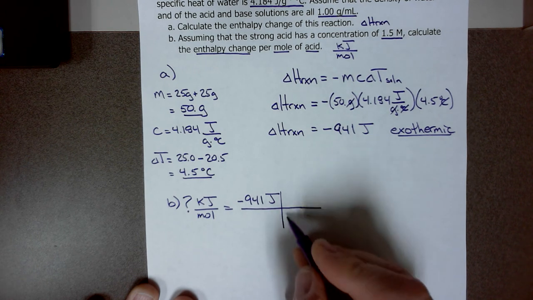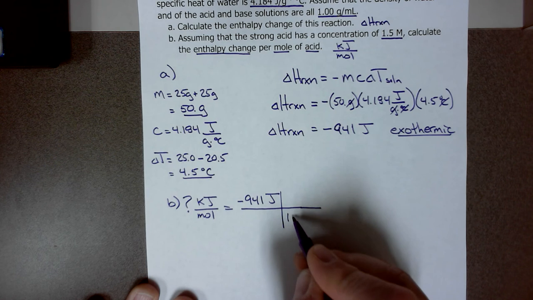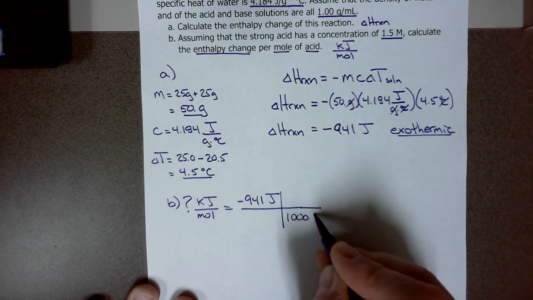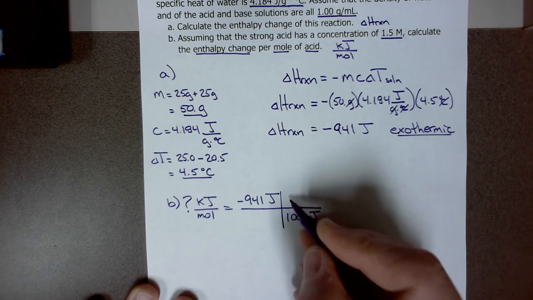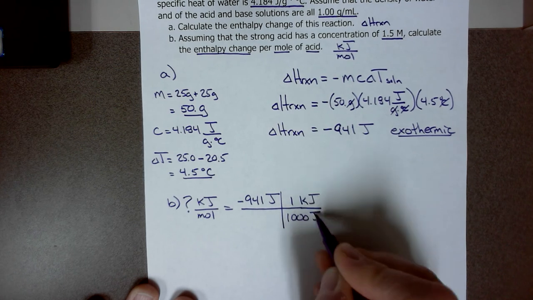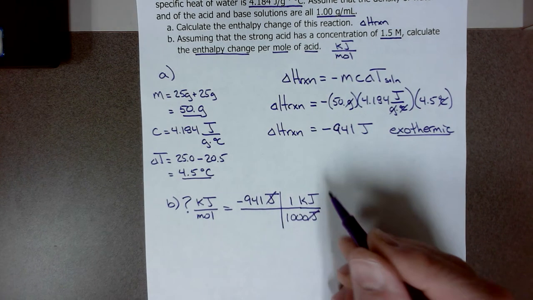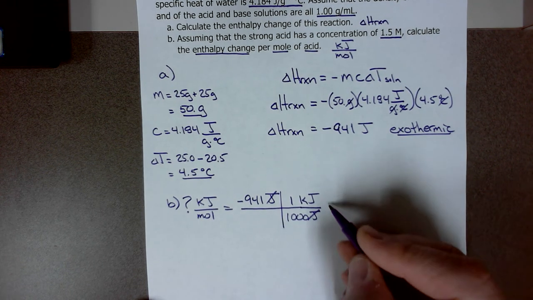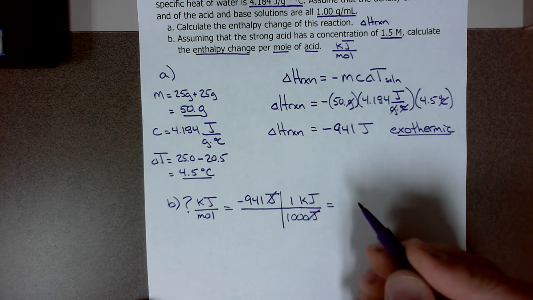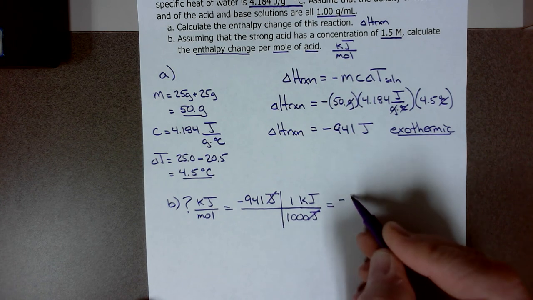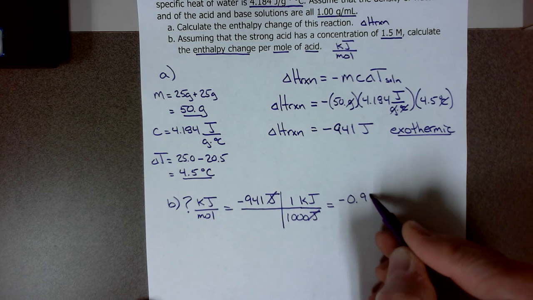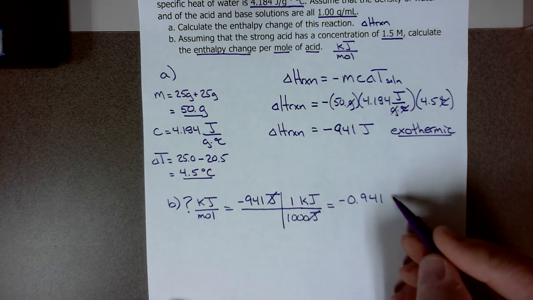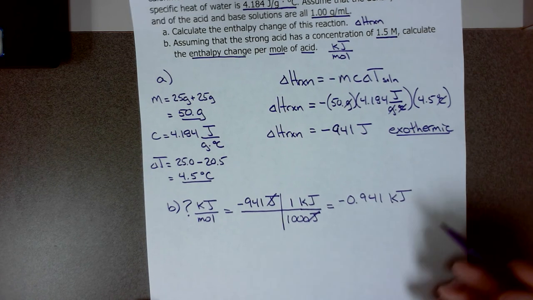There are 1,000 joules in 1 kilojoule. And then we have to have the moles. So how do I get my moles? Let's write this out: a negative 0.941 kilojoules of energy.